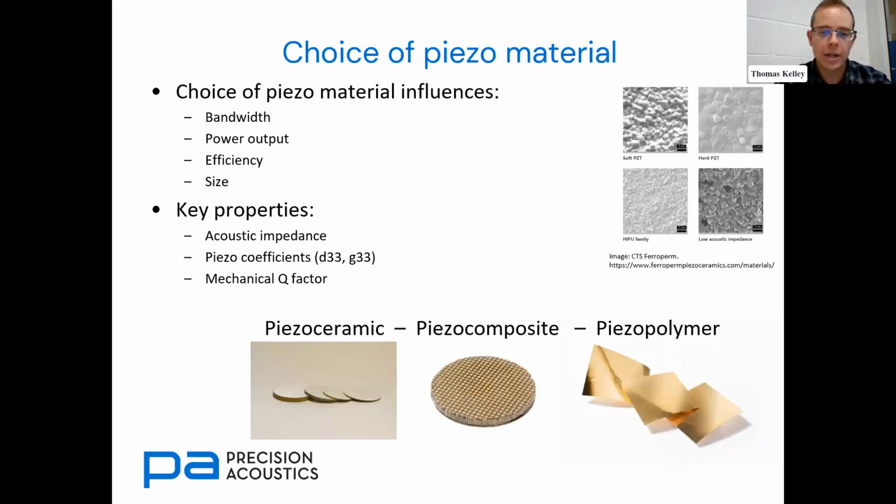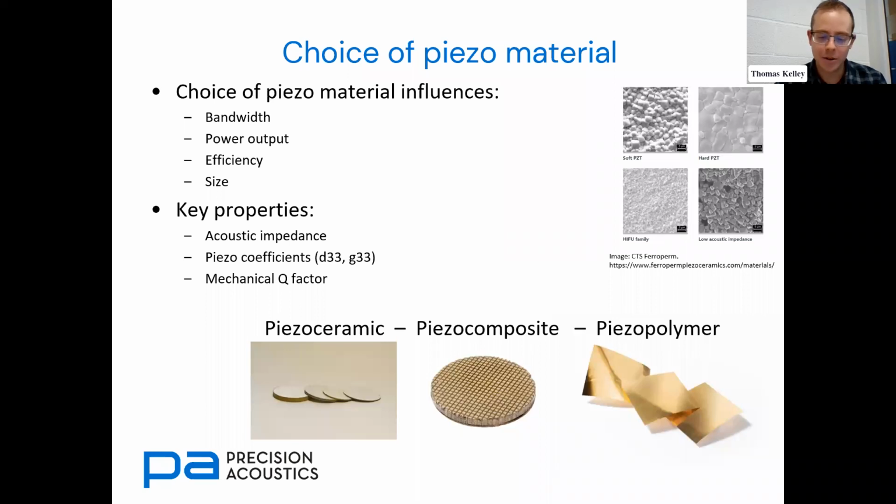So moving on now a little bit to different piezo materials. We've already said that the recommended transducer size can be affected by the choice of piezo material, but we can also influence plenty of other parameters. I know we've got some piezoceramic experts in the audience today, and hosting it as well here.